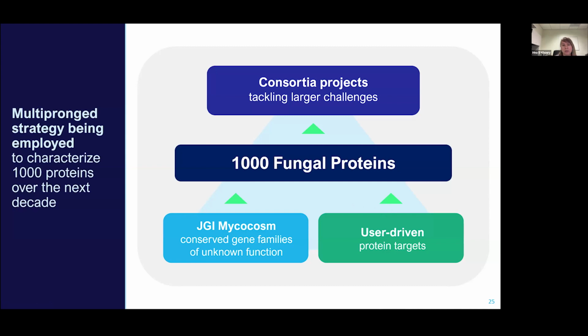This is the kind of science that we want to use as seed projects. This is not a project for just 1 year, 2 years, or 3 years. This is a project that we are trying to pursue for the next decade. We need to know your science to have those seeds planted so we can further tackle really large grand challenges and consortia-like projects.